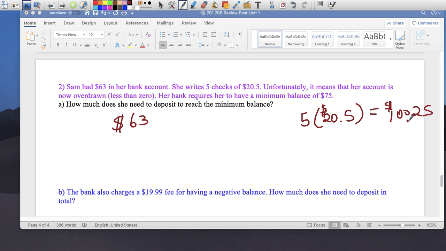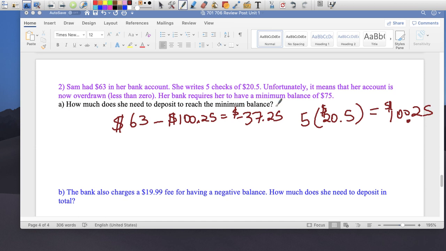So she writes 5 checks, and she doesn't have enough to cover. So let's write that 100.25. So 63 minus 100.25 is going to give that she's now negative 37.25.